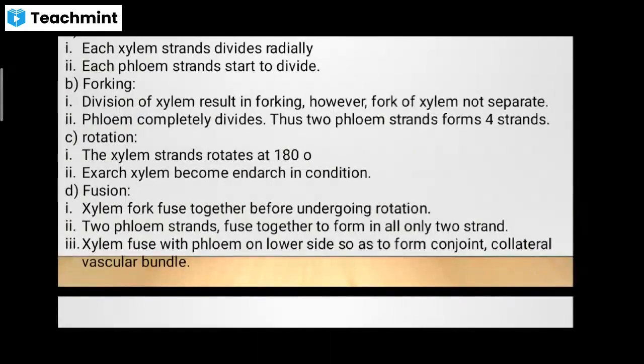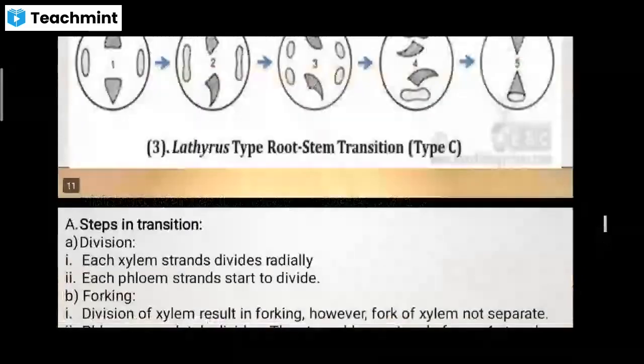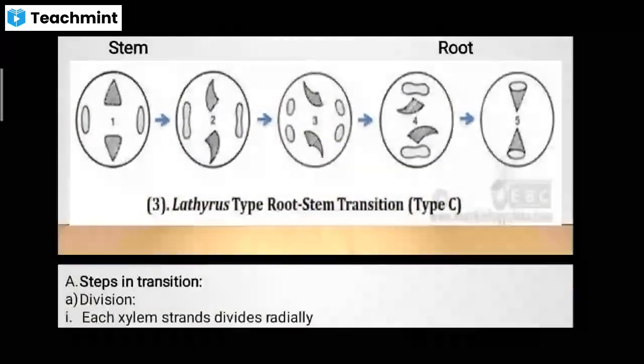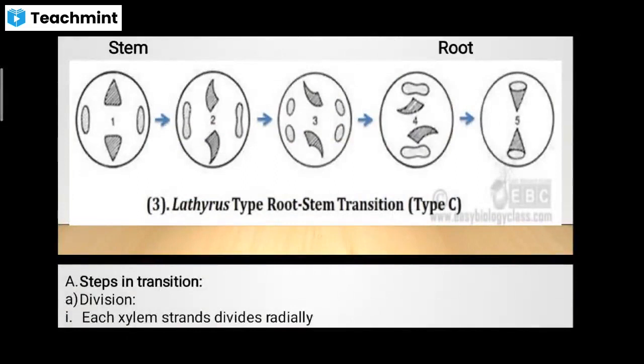The xylem fuses with the phloem on the lower side so as to form the conjoint collateral vascular bundles. Before the fusing of the xylem strands, they rotate. These phloem strands again fuse and after the transition, they form only two strands of the vascular bundle, with xylem present at the inner side and phloem at the outer side.